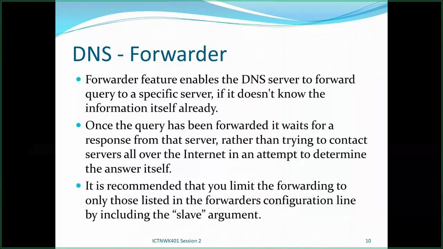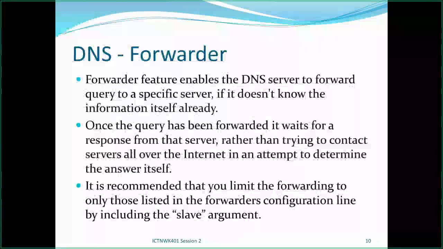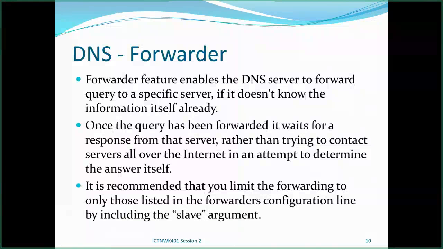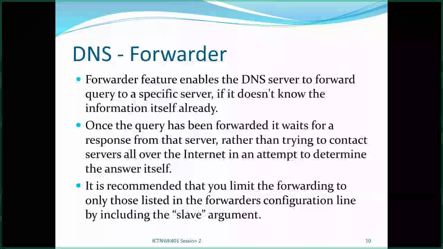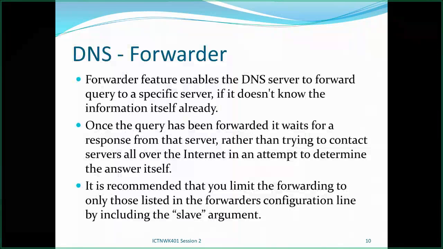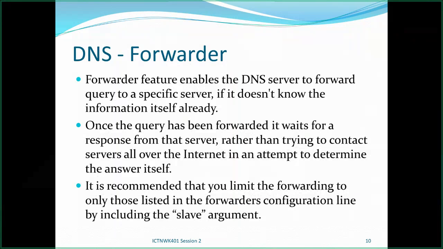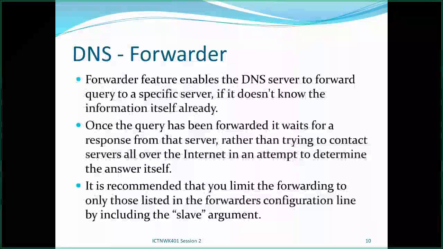The other thing that is highly recommended for security purposes is, if you're using forwarders, that you set the forwarders configuration line to have the slave option enabled. So basically what the slave does is it limits the forwarding of queries to the specific servers that are listed in the forwarders list.